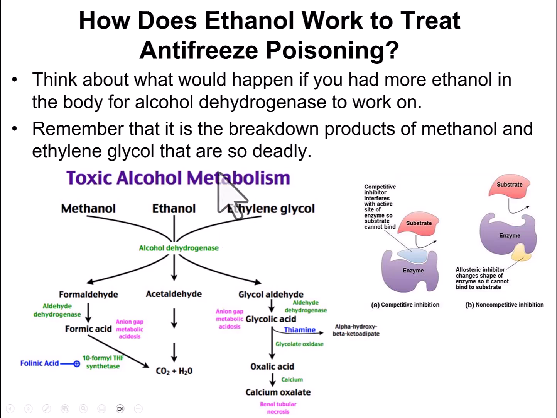And you want to focus on alcohol dehydrogenase. And remember, it's the breakdown products of methanol and ethylene glycol that are so deadly. So pause the video, take a look at this diagram, and think about how ethanol is inhibiting the metabolism of methanol and ethylene glycol.